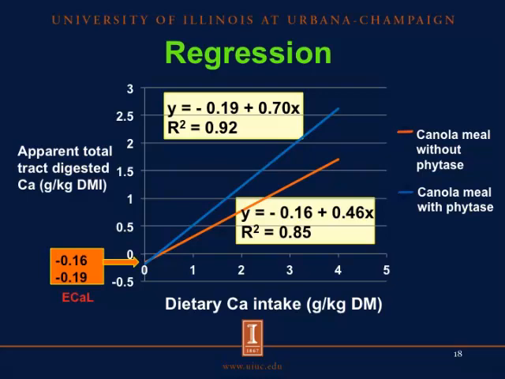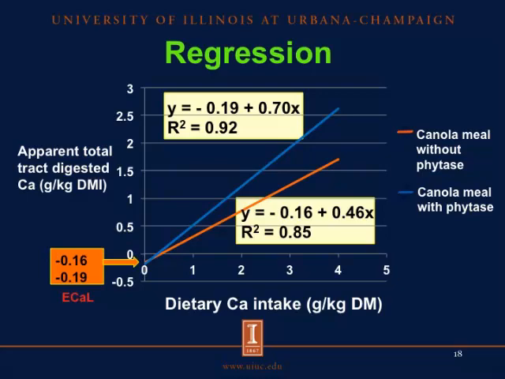Regarding the canola meal diets with phytase, we got a negative intercept of 0.19. Also, we got a slope of 0.70, which means that the true total tract digestibility of calcium in canola meal when phytase is added to the diets is 70%.